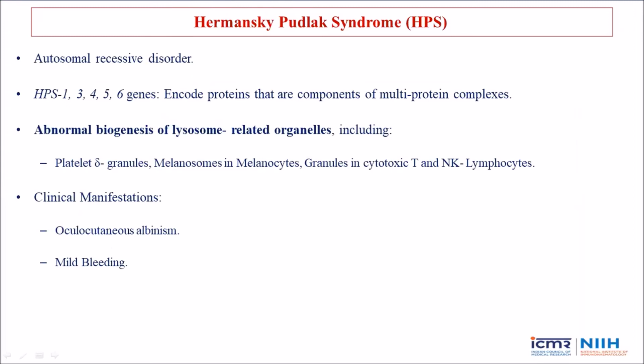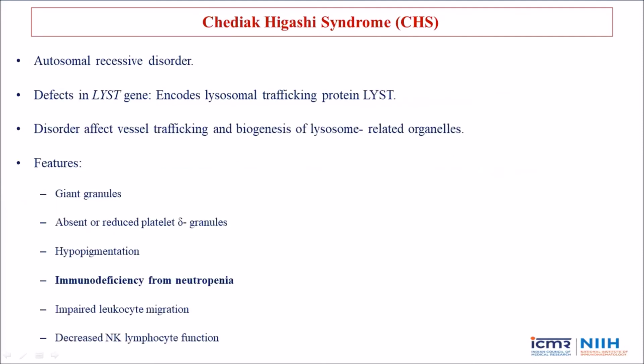But when we do an NGS, you can get the mutations in HPS, that is Hermansky-Pudlak syndrome disorder, which encodes proteins that are components of the multi-protein complexes, and you get abnormal biogenesis of lysosomes. And the patients generally have oculocutaneous albinism associated with mild bleeding manifestations.